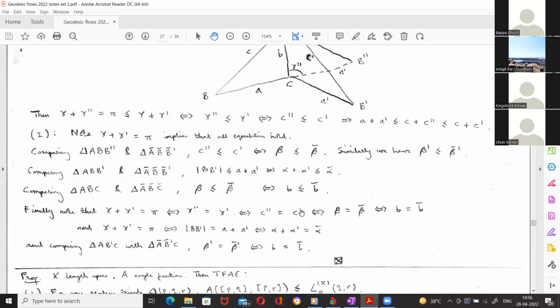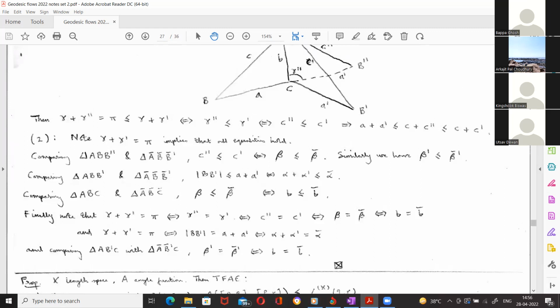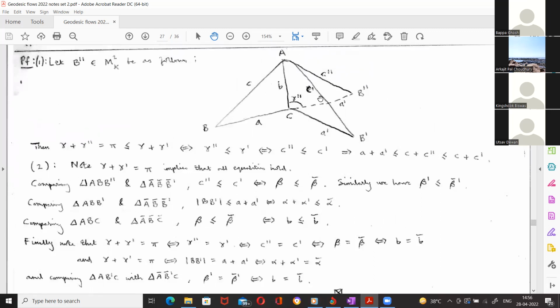Now, C double prime and C prime, these are the opposite sides we used when looking at the angle beta and beta bar.